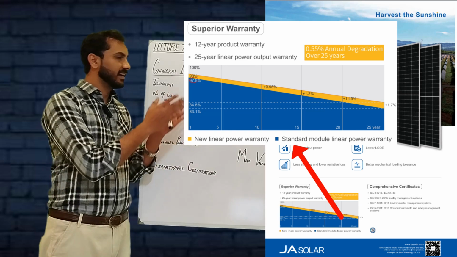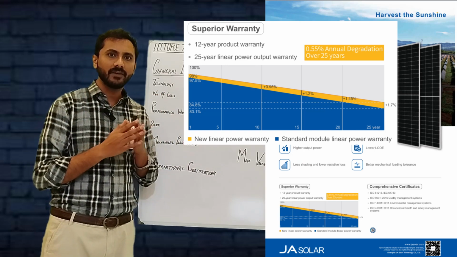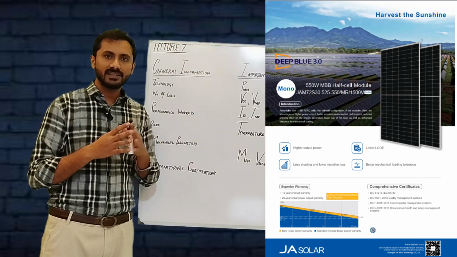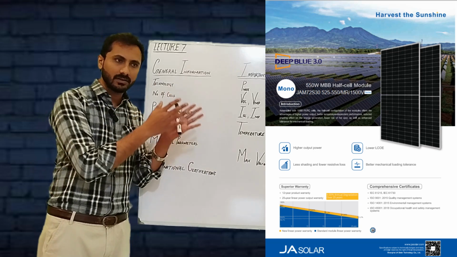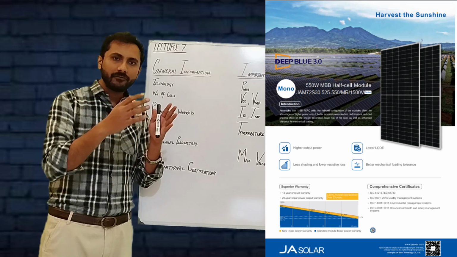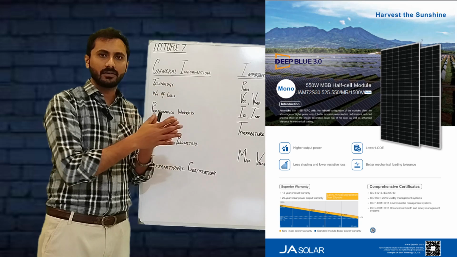We can also see that the annual degradation for the further years up to 25 years is 0.55%, whereas for the standard solar cells, the annual degradation is 0.7%, which means that this particular solar panel will produce more power in every year as compared to the previous standard solar cell technology.